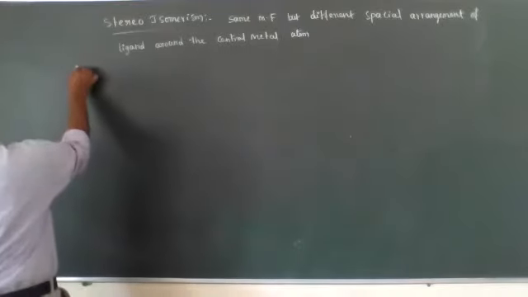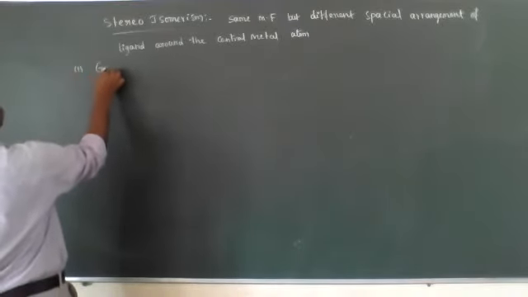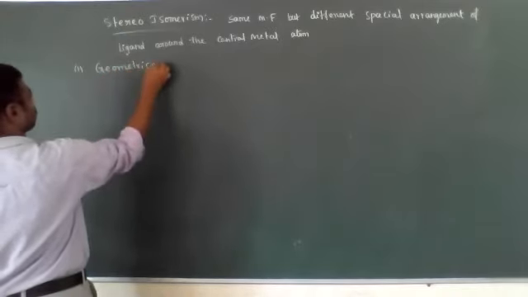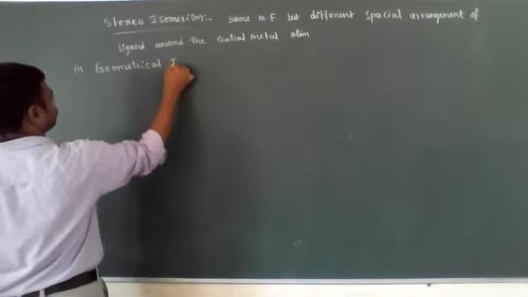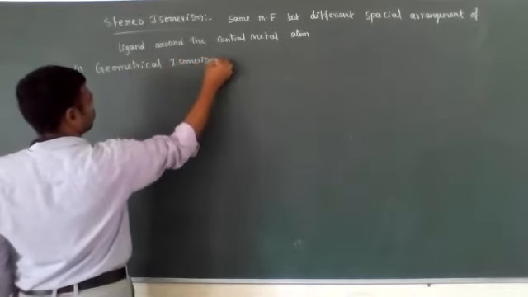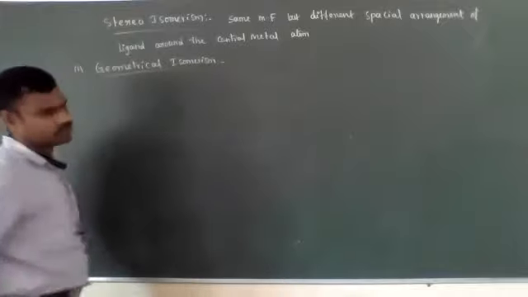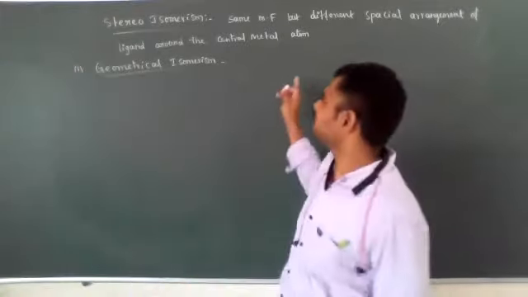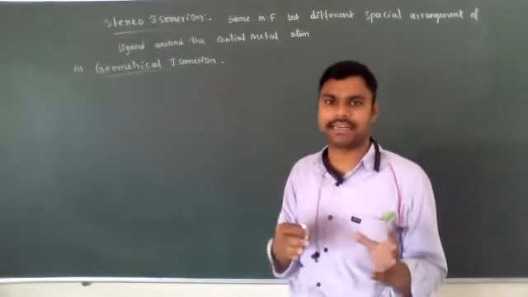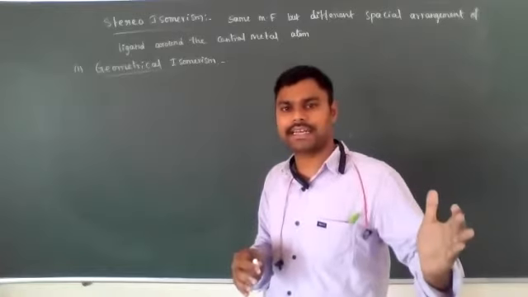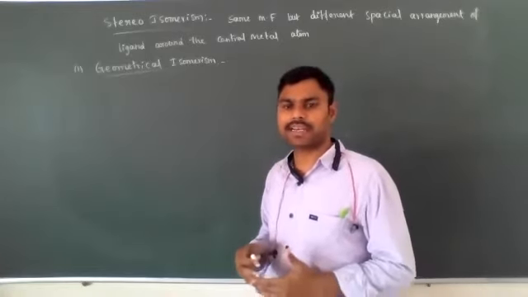Let's see, the first one is geometrical isomerism. What is geometrical isomerism? Geometrical isomerism means different spatial arrangements of ligands around the central metal atom, in which the same kind of ligands are on the same side, then it is called cis geometrical isomerism.